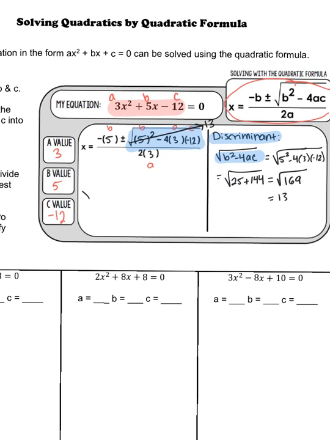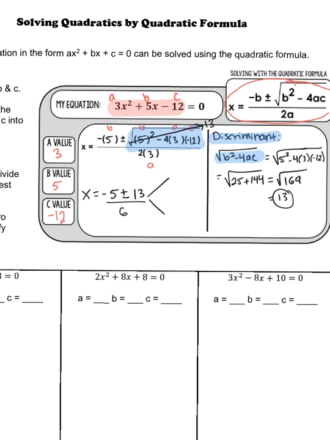So I'm going to rewrite this. I'm going to have the -5 in the front, plus or minus. Instead of writing everything in blue, I'm just going to replace it with 13 over 2 times 3 is 6. So I'm going to break this into 2 separate fractions to kind of separate everything out.